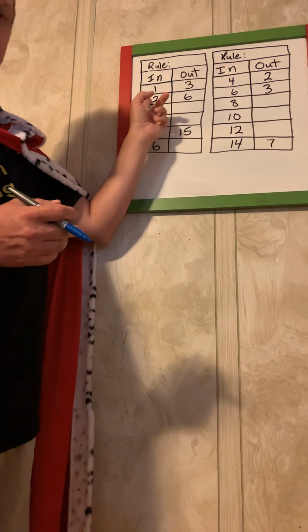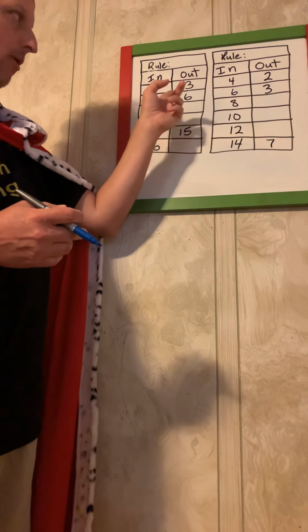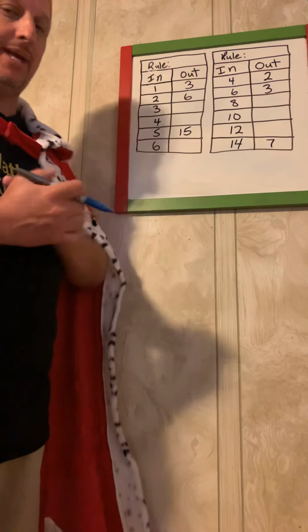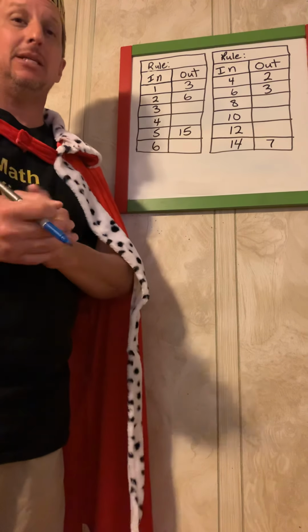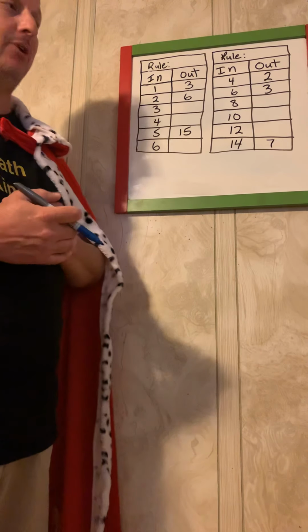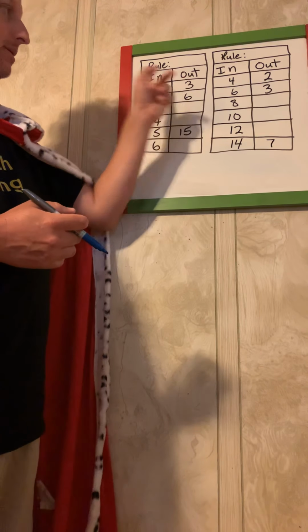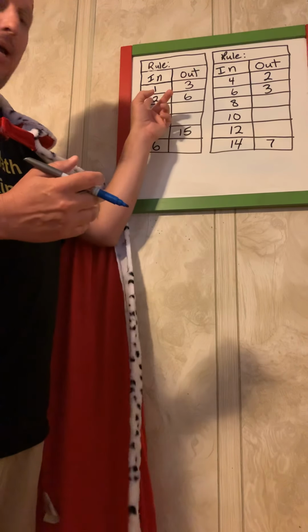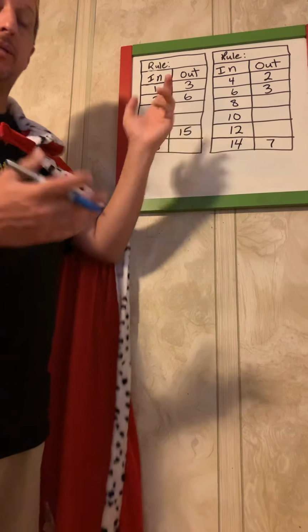Well, if I add 2 to this, 2 plus 2 equals 4. I know right away that doesn't work. 2 plus 2 does not equal 6, so it cannot be adding. It has to be multiplying, but let's check to make sure. 1 times 3 makes 3. 2 times 3 equals 6. That works.